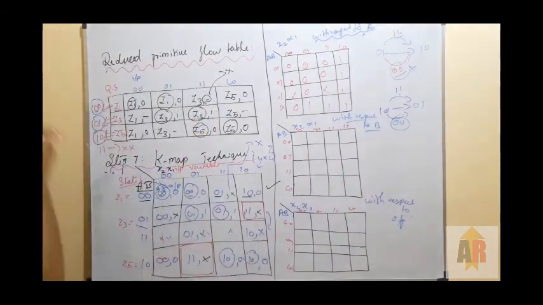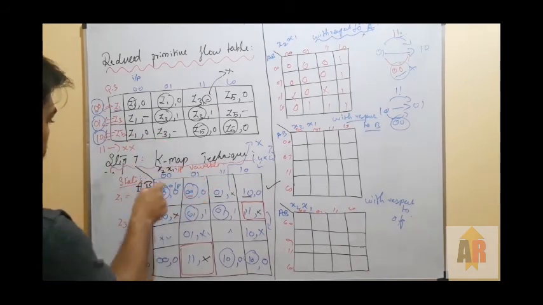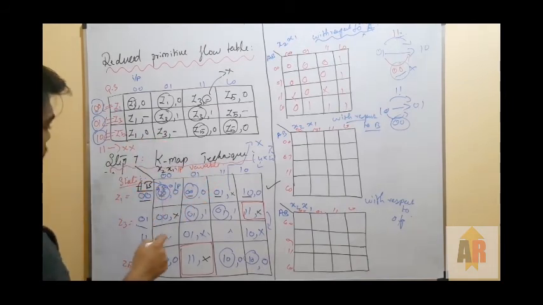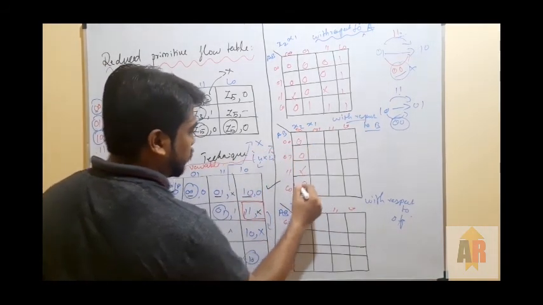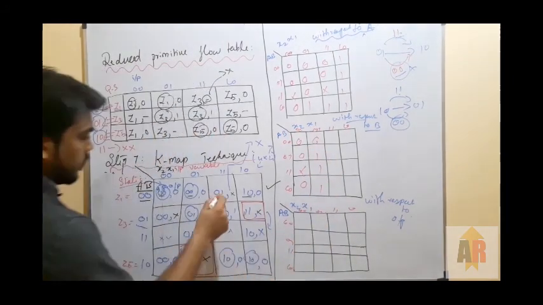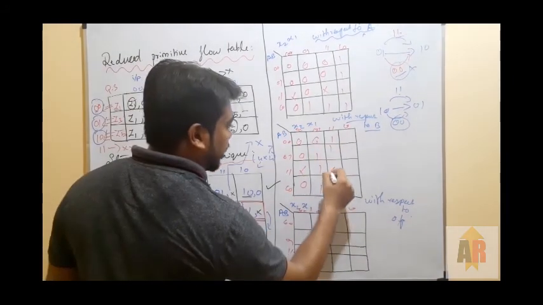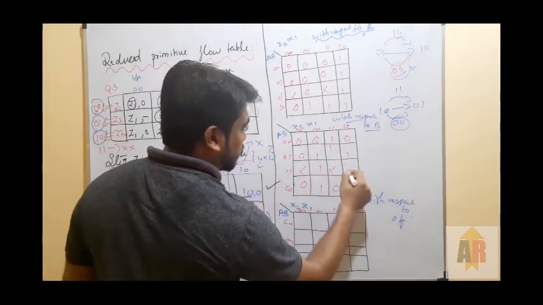So the first value. Then come to the with respect to B state, whatever available with respect to B is over here. So 0 0 x 0, 0 0 x 0, 0 1 1 1, 0 1 1 1, then 1 1 x 0, 1 1 x 0, 0 1 0 0, 0 1 0 0.